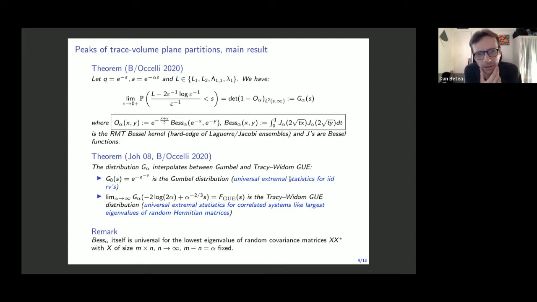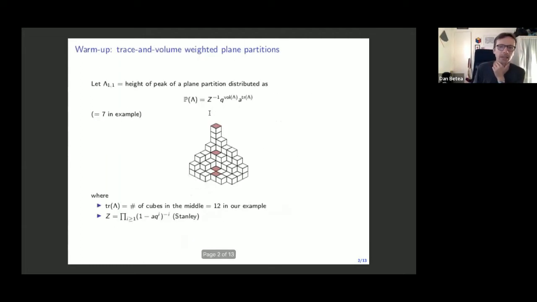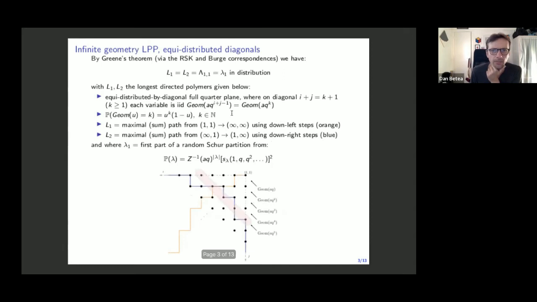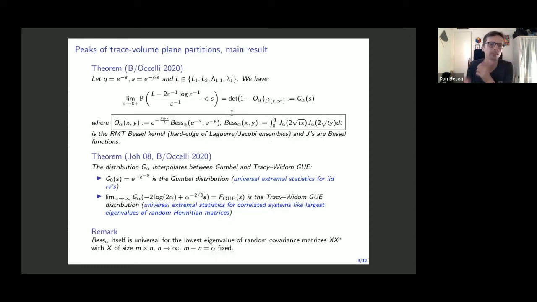And the other one is the so-called KPZ universality class. I will not talk too much about this. And this is where you see Tracy Widom. And this simple trace parameter that was first introduced by Stanley, I believe, in the study of plane partitions, kind of goes between the two.